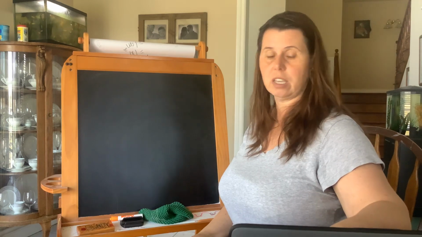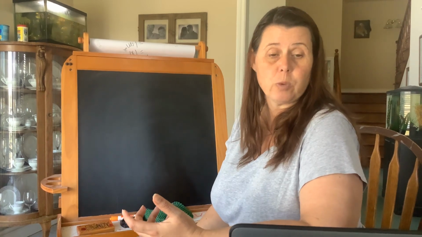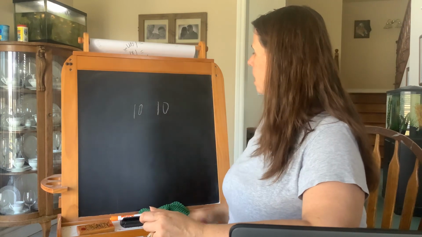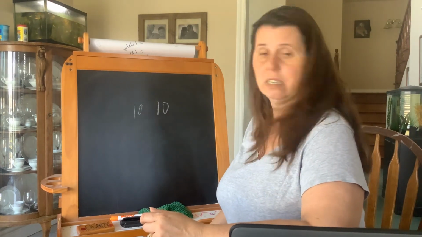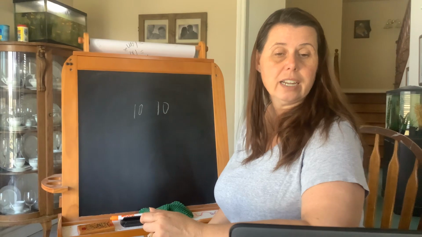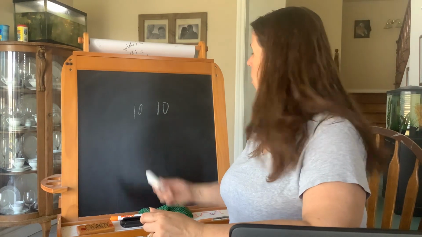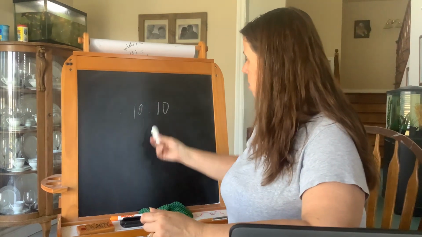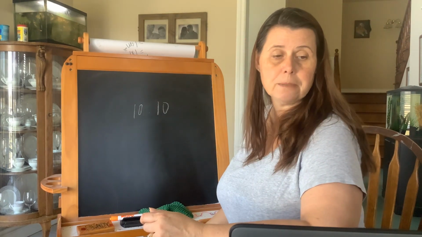Okay, number 7, 8, 9. Whew, got to get through this. Find a data set, not all numbers equal, where the mean, median, and mode are the same. Okay, so again, we have to have something that repeats because we have a mode. I chose something easy because they add easily, so I chose my mode to be 10 and 10. Okay, now I need the median to also be 10, which means I need an equal number of pieces of data on either side to keep this in the middle, right?